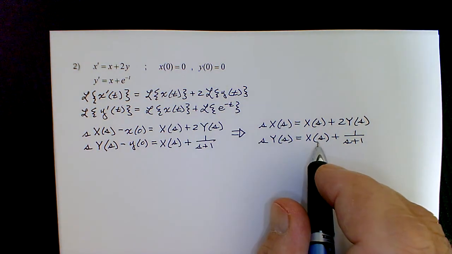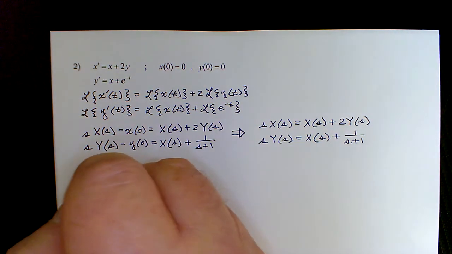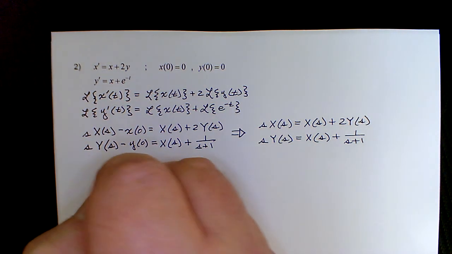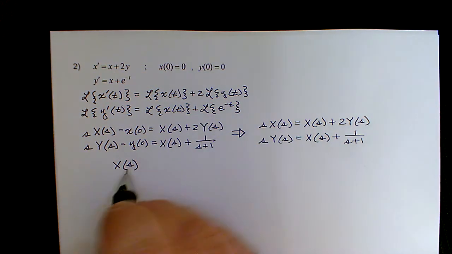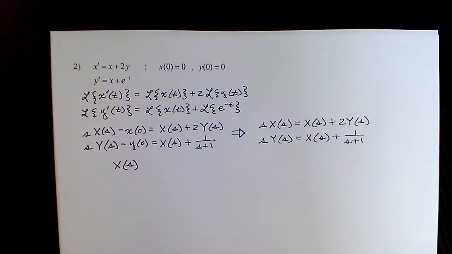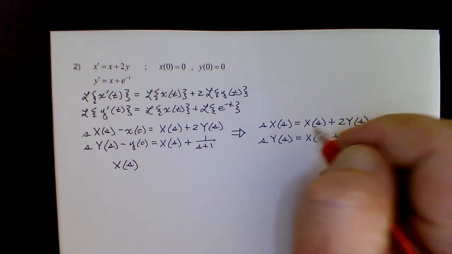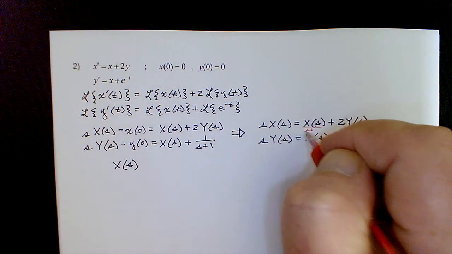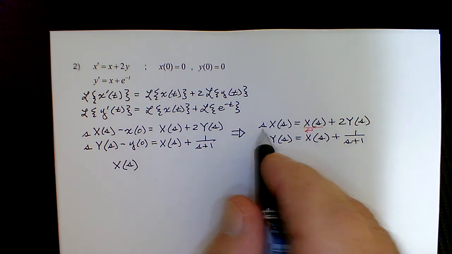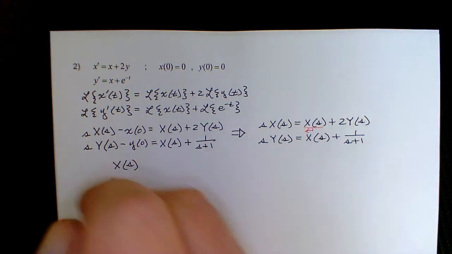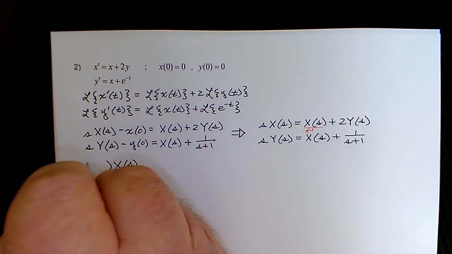Okay, so now to set it up in standard form where Cramer's rule can be applied, remember we're going to bring all the terms containing X of s and Y of s to the left and set it up so that we have the X of s in one column and the Y of s in another column. So when I move this X of s here to the left, it joins this s X of s, and we can factor out an s minus 1.